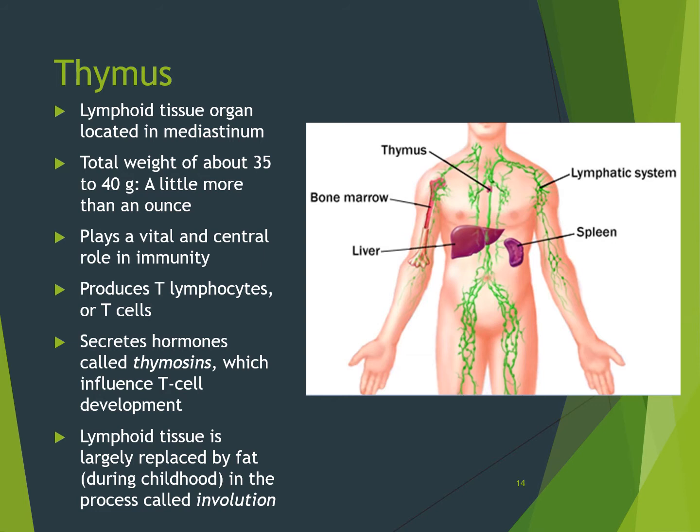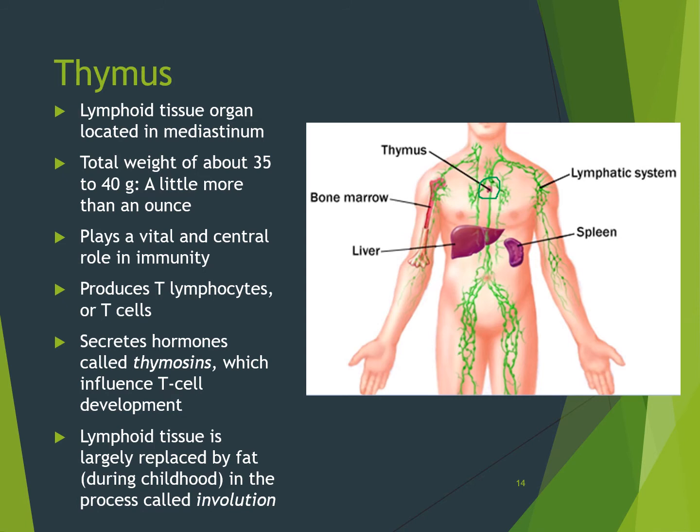So now we're going to talk about some lymphoid organs, and the first one we're going to talk about is the thymus. The thymus is located in the mediastinum, and let me just circle it for you. It is right here. It's fairly small, about an ounce worth of tissue, and it is really vital in producing lymphocytes called T lymphocytes or T cells.